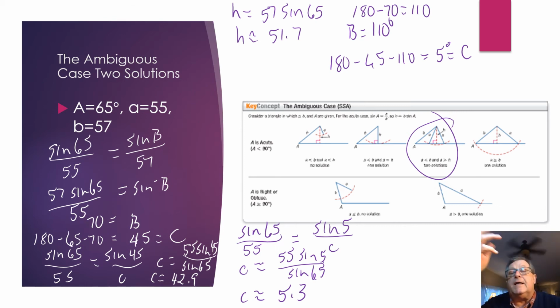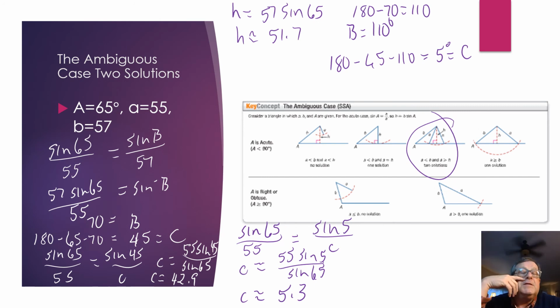To evaluate our second case, we said, well, if angle B is not 70, what might it also be? And we could calculate that by taking 180 minus 70, which gave us 110. We said, okay, in case 2, angle B might be 110.